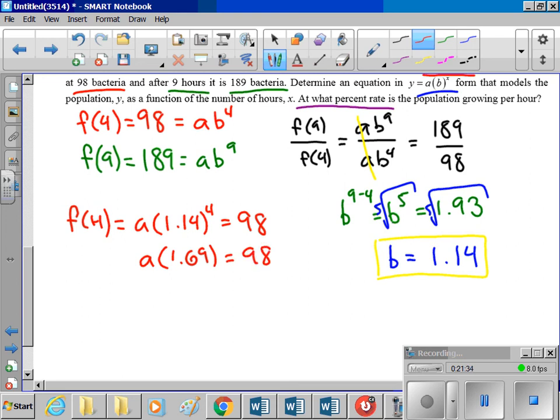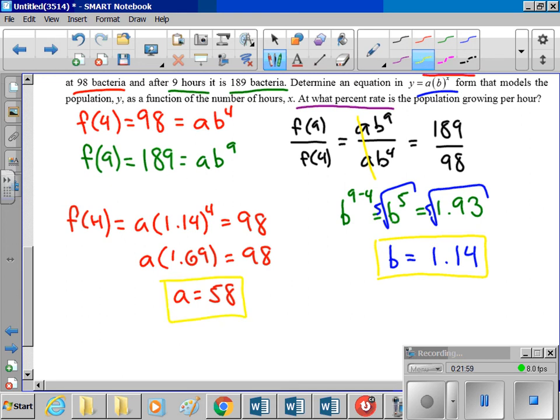So we divide across. We get a equals 58.02, which I'm going to round to 58 exactly, because we have to have an integer number of bacteria. You can't have 58.02 bacteria to start with, because remember a is our y-intercept. It's how many bacteria we start with, so it should be a whole number, or it doesn't make sense.